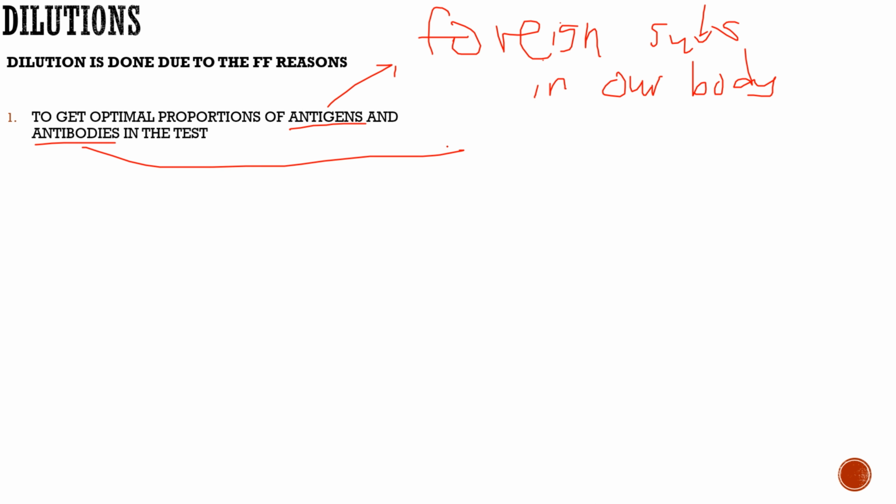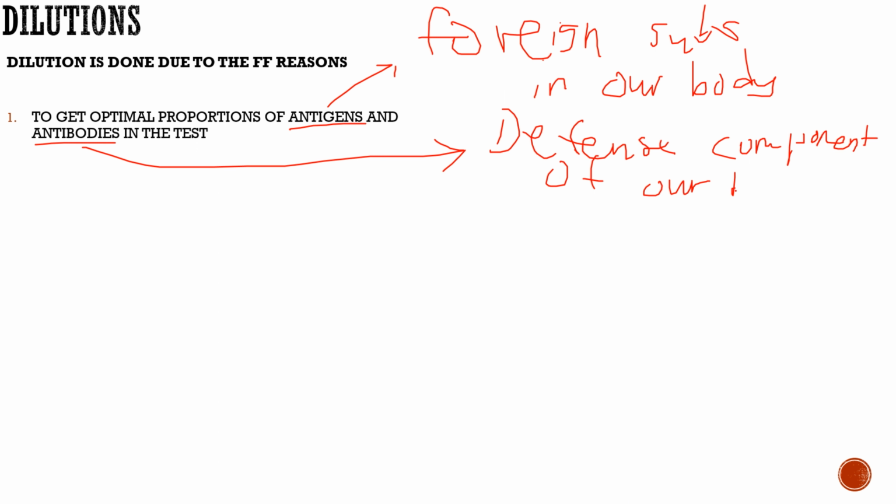And when we talk about antibodies, this is a type of defense component of our body, usually found in our serum or our blood. You will learn more about this in your lecture. But the purpose of dilution is you want an equal or a proportionate amount.